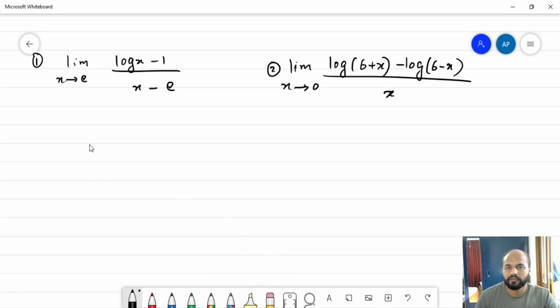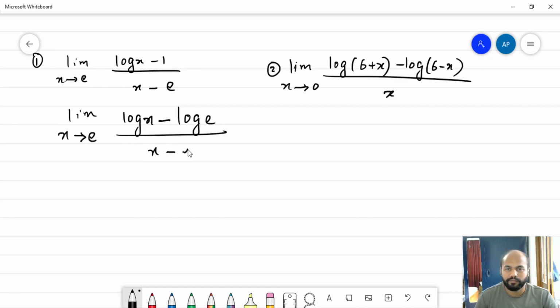Let's take up the next two problems. So here we have limit x tending to e. Let's write it in a slightly different form. So we will write log x, and this we will write as log of e, because log of e to the base e is anyways 1.